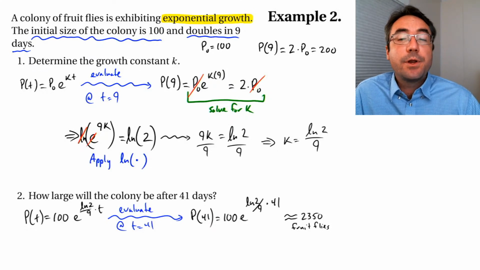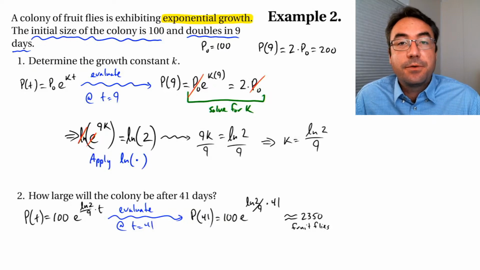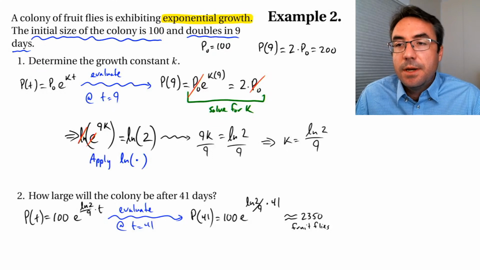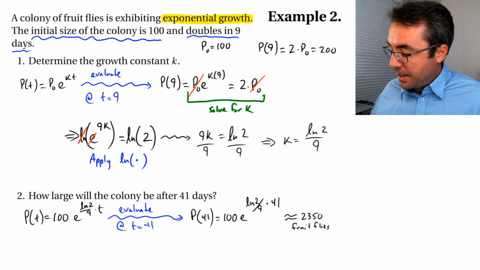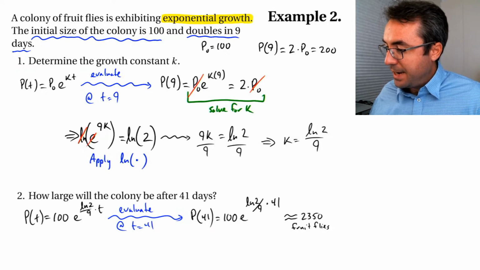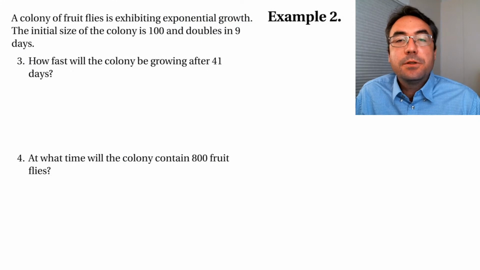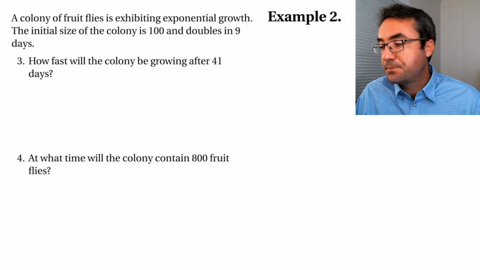So after 41 days, there's approximately 2,350 fruit flies. All right, what other kinds of things could we answer? Well, we could look at how fast our colony is growing after 41 days.